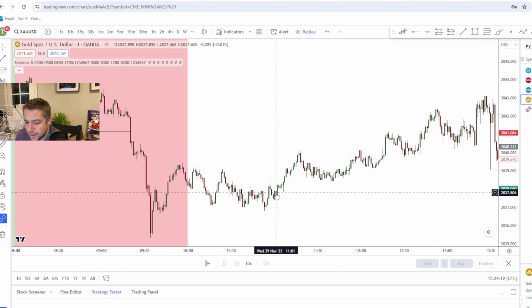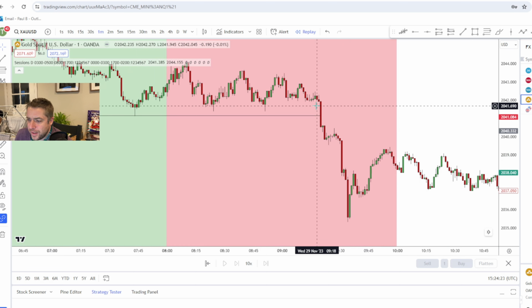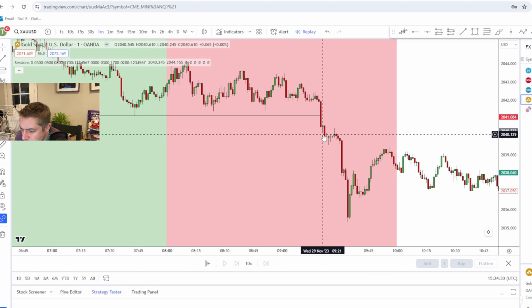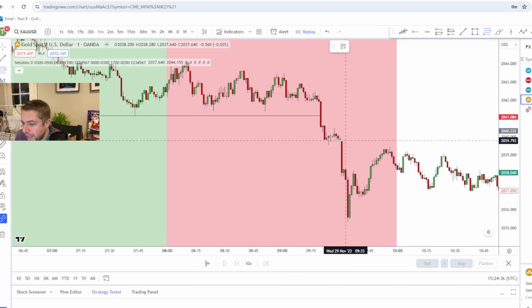Let's go to the next one. Here we are. So we run the liquidity here to the sell side. We're waiting until we run liquidity on the buy side, which we do right here. We're waiting until we close below there, which we do right there.